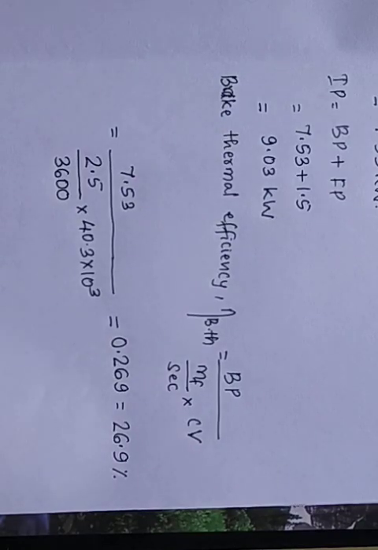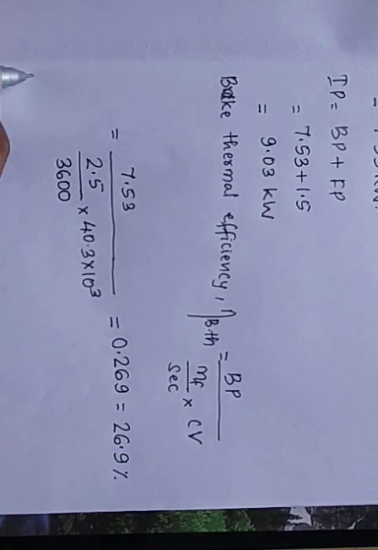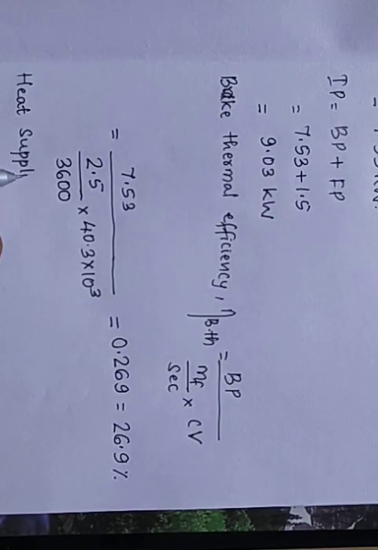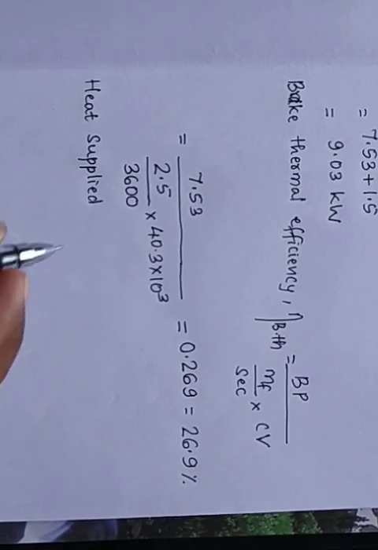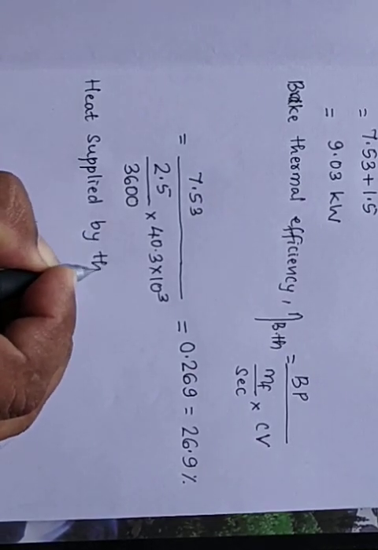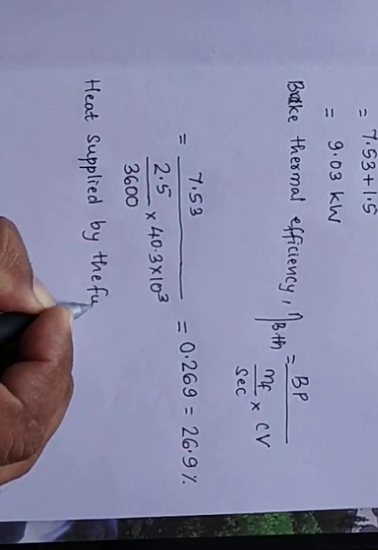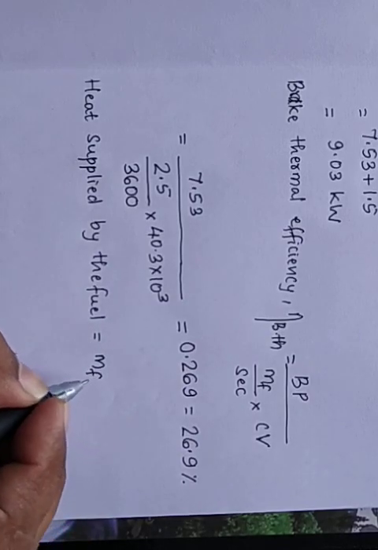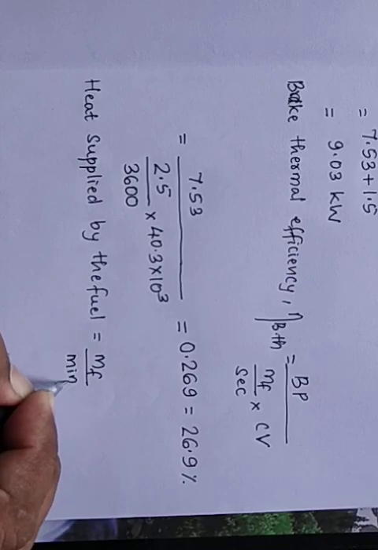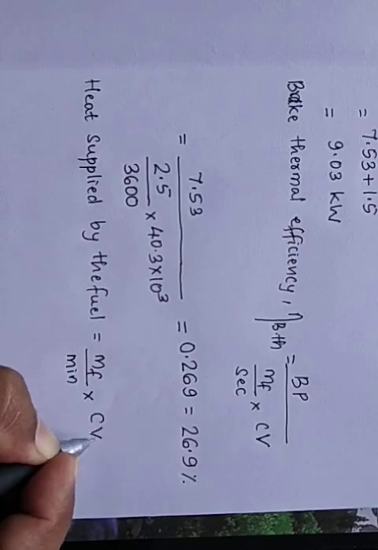So once you find out the value of brake thermal efficiency, then take up heat balance sheet. So we have found out the value of BP, then IP, brake thermal efficiency, then heat balance sheet, that is heat supplied. Heat supplied by the fuel, that is heat input, is nothing but mass of fuel per minute into calorific value.